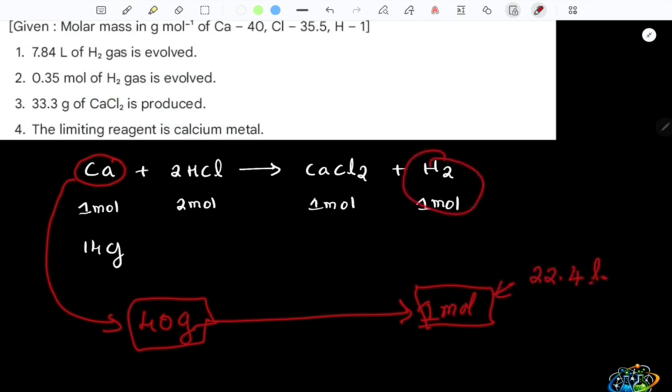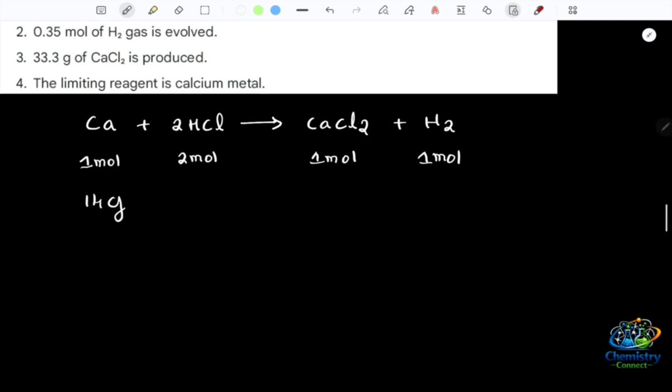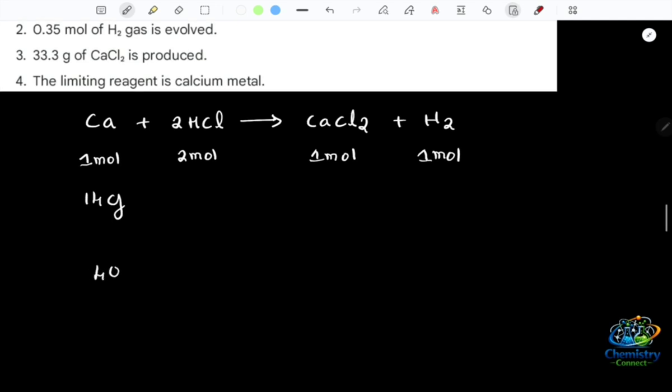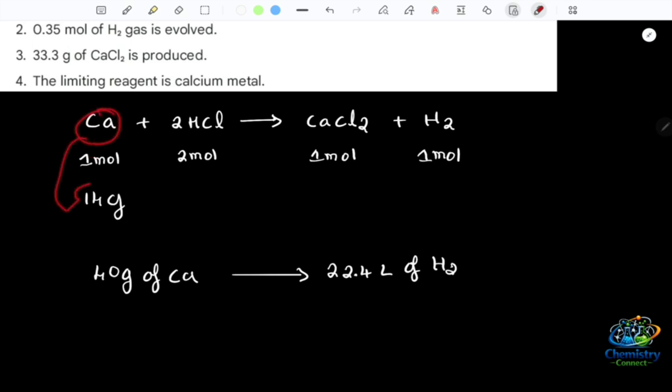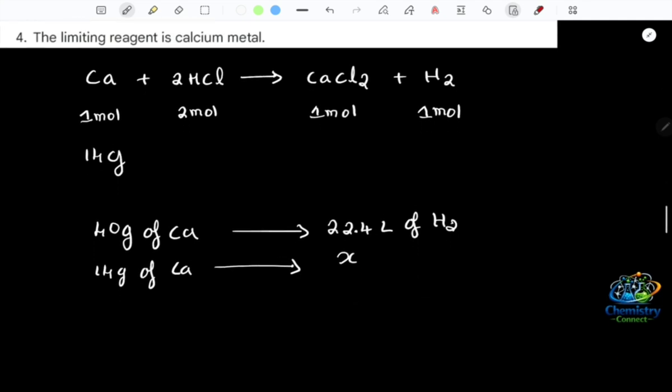Let me write it in a very simple form. 1 mole, that is 40 grams of calcium, gives 1 mole of hydrogen gas. 1 mole always occupies 22.4 liters of hydrogen gas. But how many grams of calcium do we have? That is 14 grams. So 14 grams of calcium gives X liters of hydrogen.